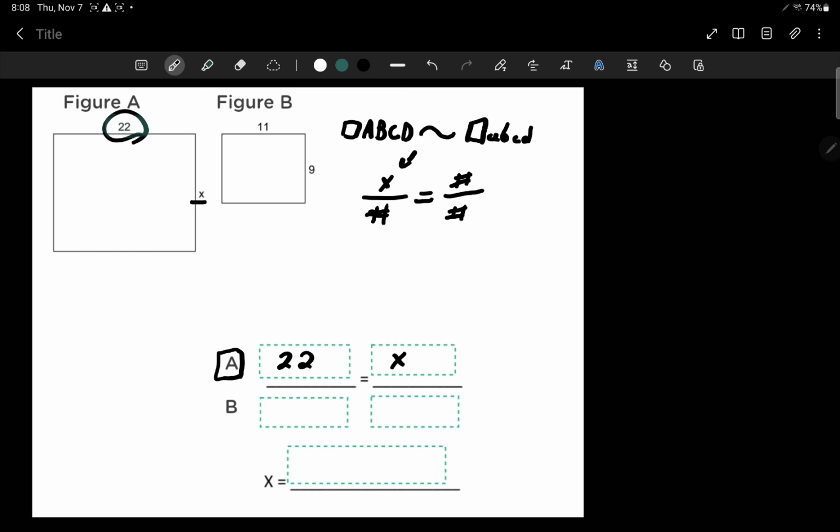Now, if you look at this, it hasn't been moved at all or rotated, so I can actually tell that this side, 11, is similar to the 22. So guess what number I'm going to put right below it? 11. Okay, and I'm going to go ahead and do the same thing with the x, right? What side is similar to x? It's going to be 9. So I'm going to go ahead and put that below it.